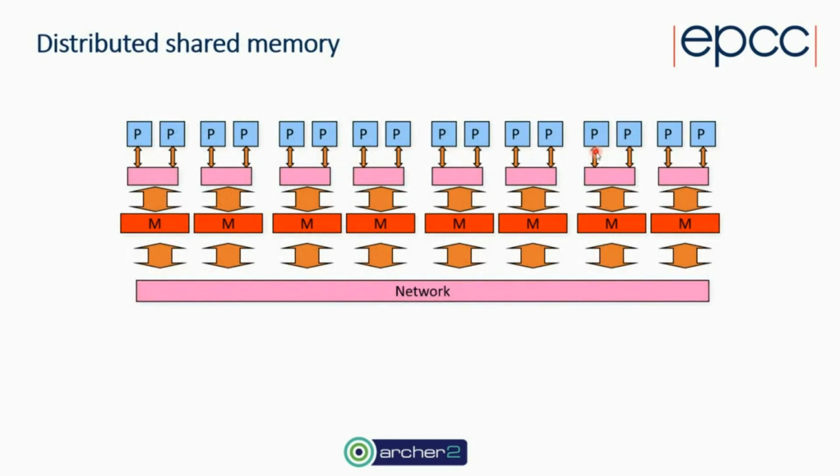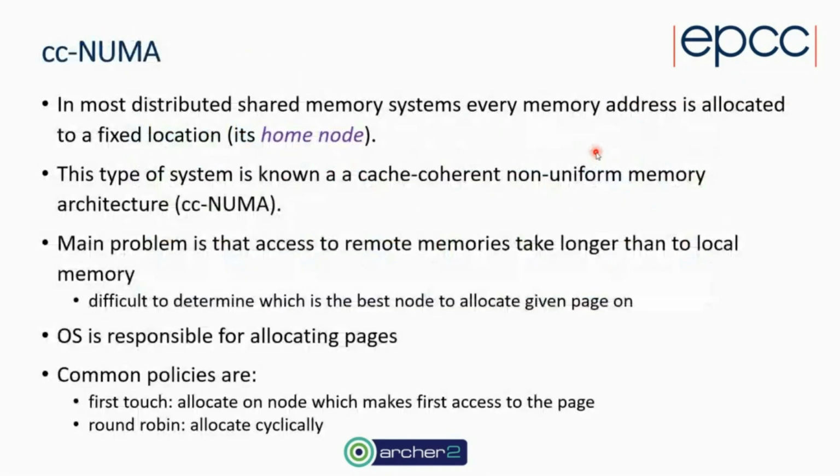We have this concept of slow memory and fast memory, or what we call non-uniform memory architecture, NUMA effects, in that a core can access memory which is local to its processor faster than it can access memory which is local to the other processor in the node.